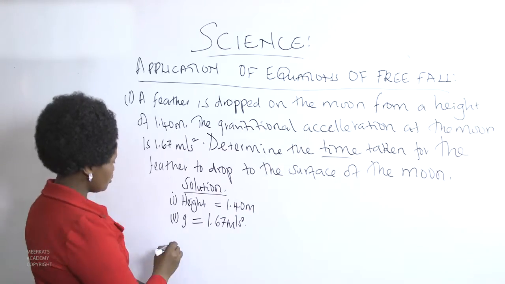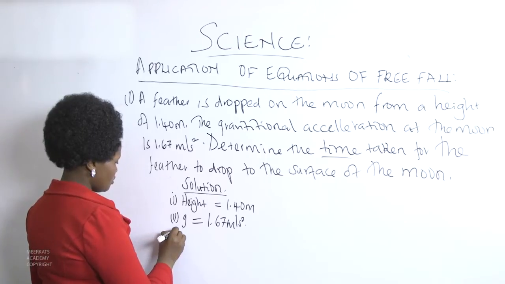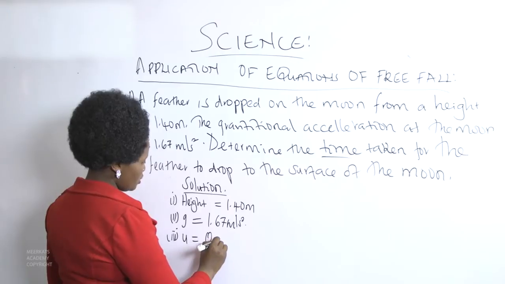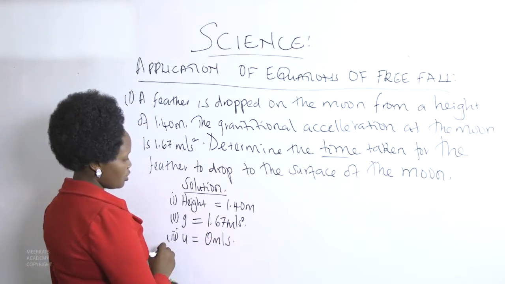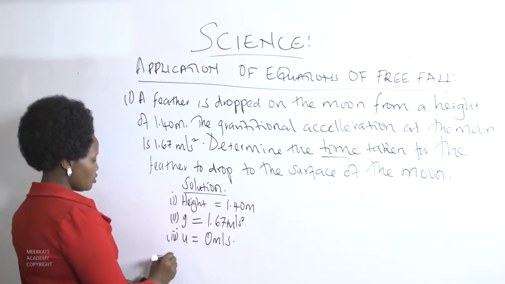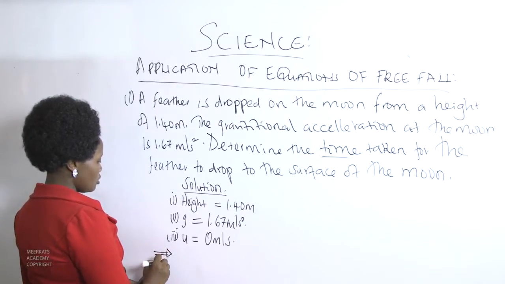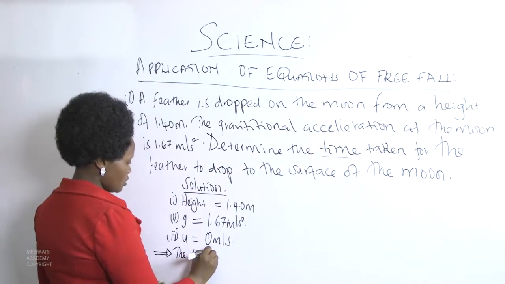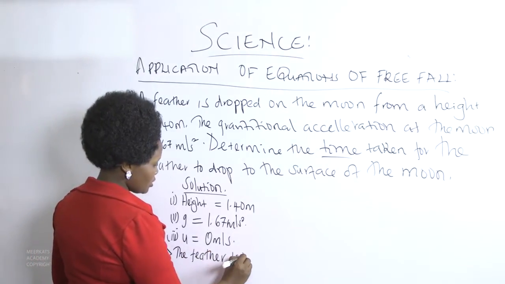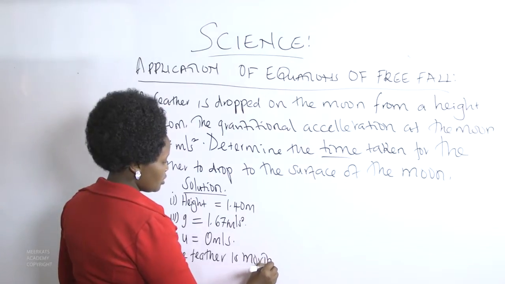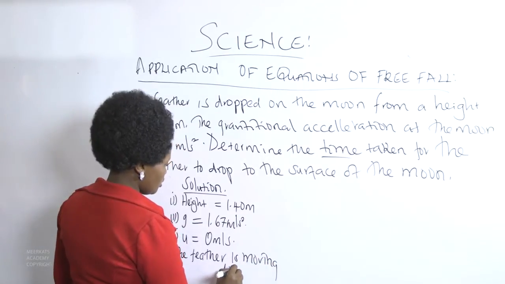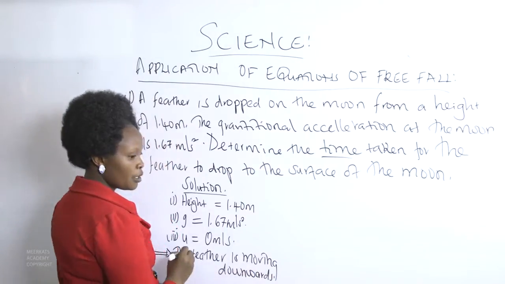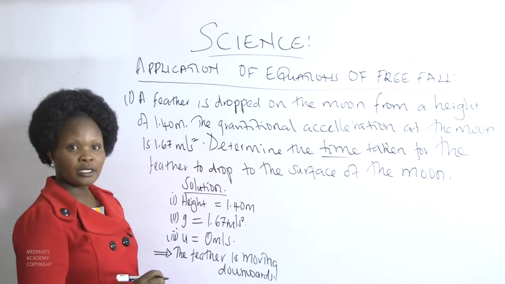Then we have the initial velocity as 0 meters per second, and it's also worth noting that the feather is moving downwards. So we are required to get the time.